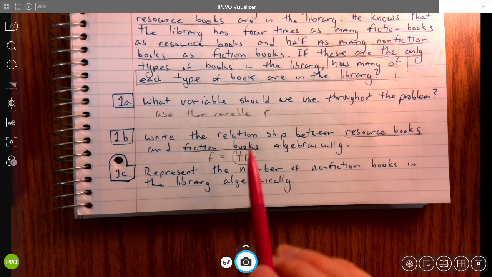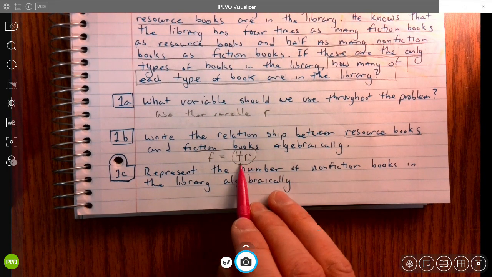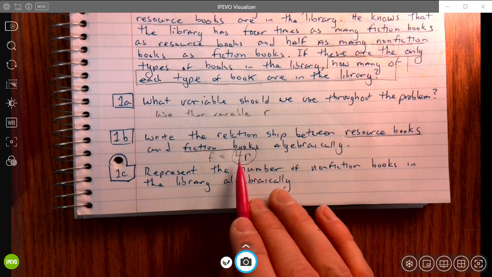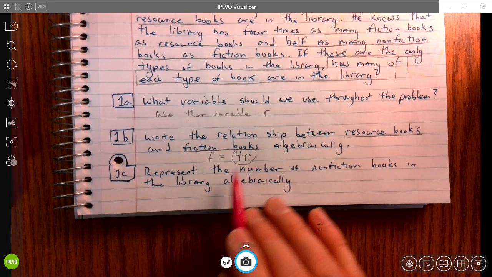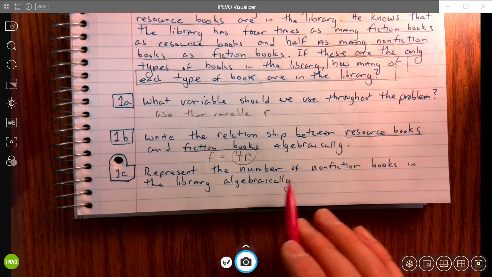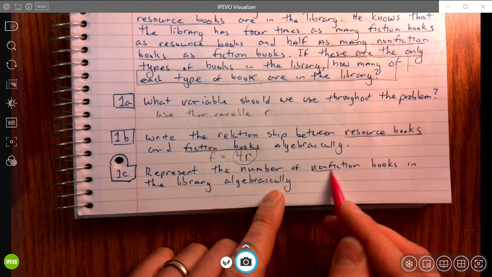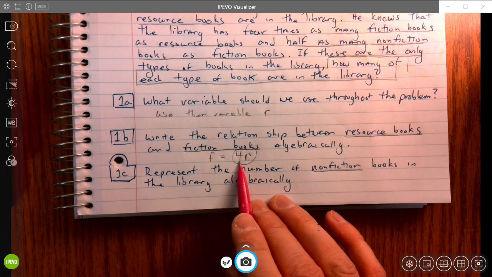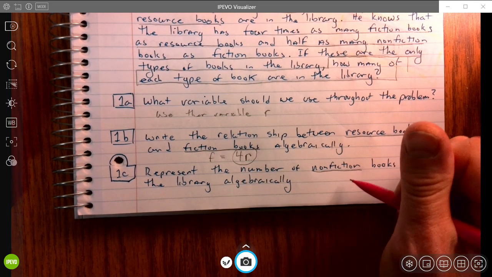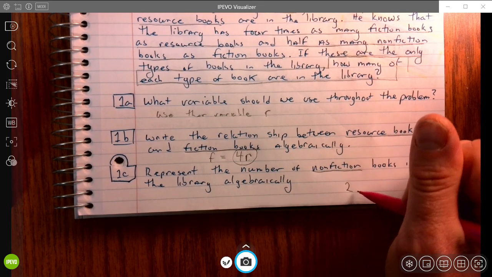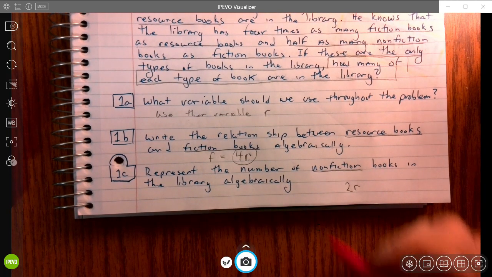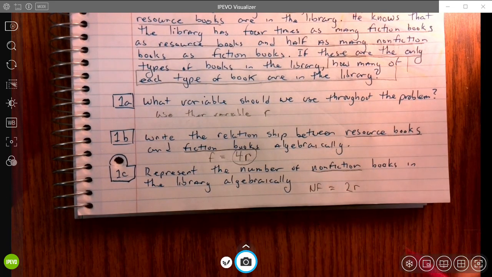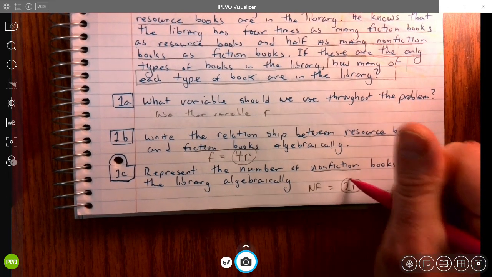Okay, well, if the amount of fiction books is 4 times R, 4 times the amount of resource books, how many is half of that? If we're looking for the number of nonfiction books, what's half of 4 times R? Well, that would be 2 times R, right? So we could say the amount of nonfiction books is equal to 2R.